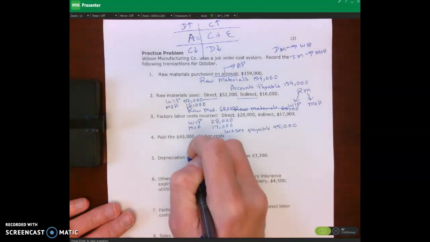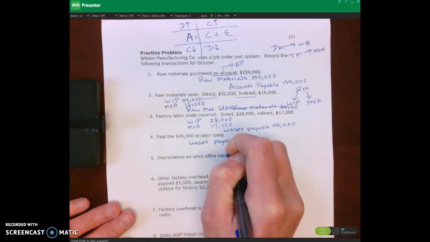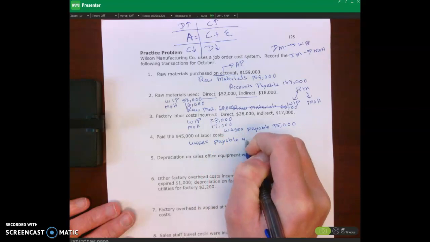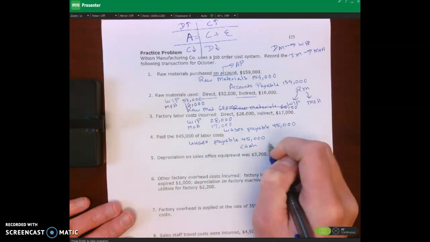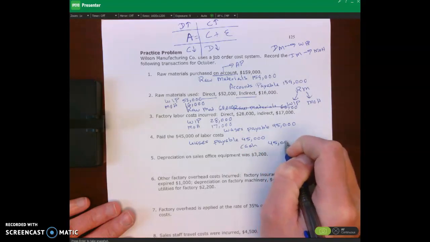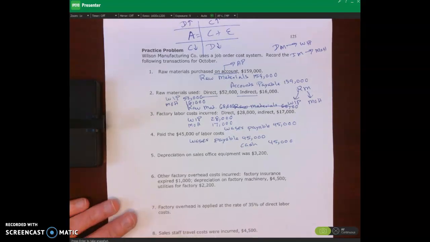So my journal entry is debit to wages payable, $45,000, credit to cash, $45,000. Okay?